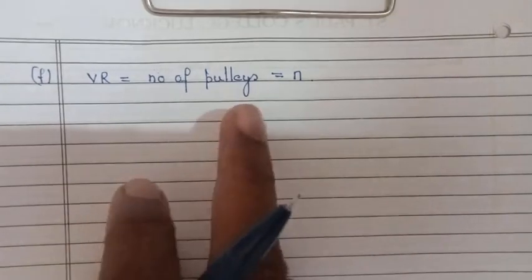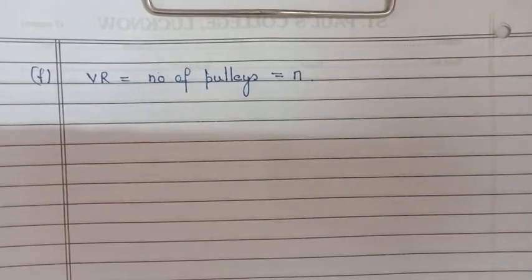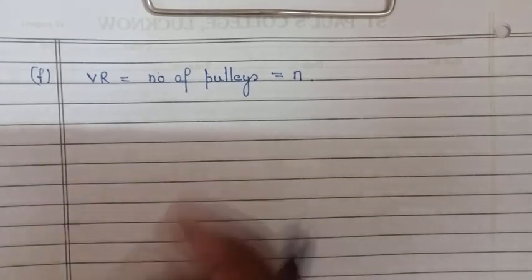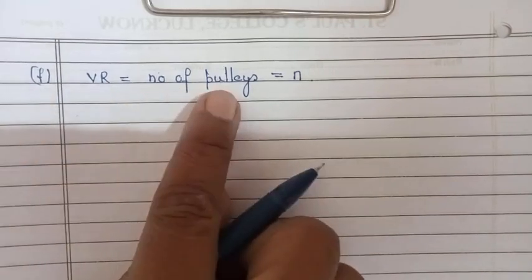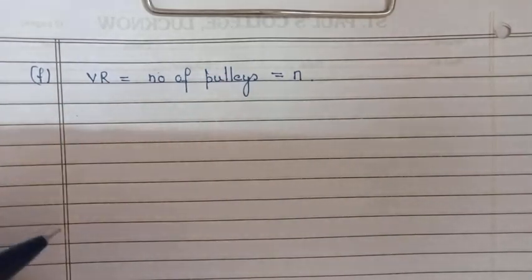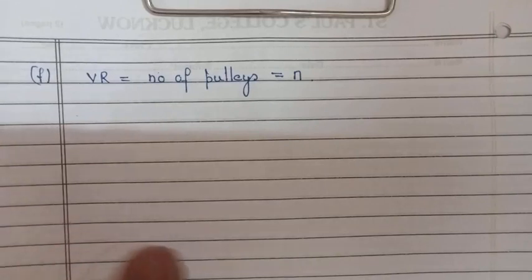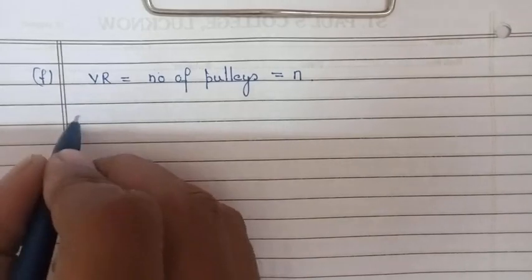Now remember, in an n pulley system there will be one strand supporting the effort, and n strands supporting the load.